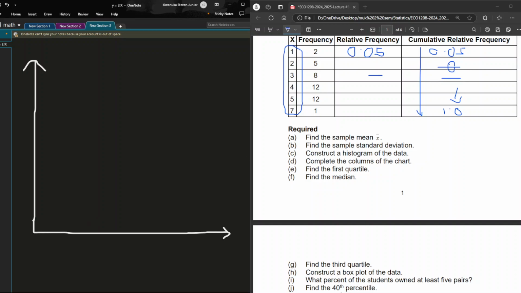Yeah, so this is what is going on the vertical axis. We have 1 to 7, so I can start from 0. Okay, then do 2, then we do 4, then we do 6, then we go to 8.